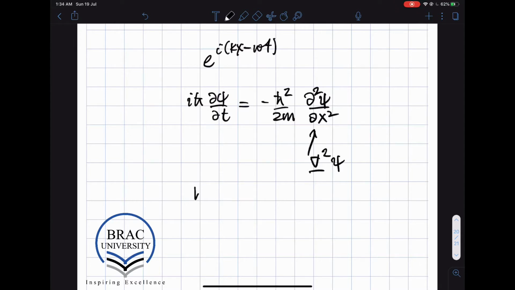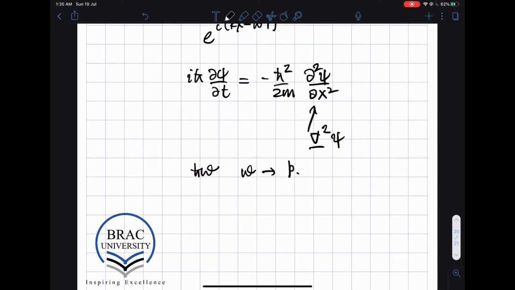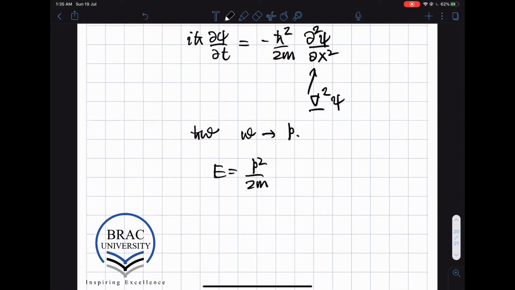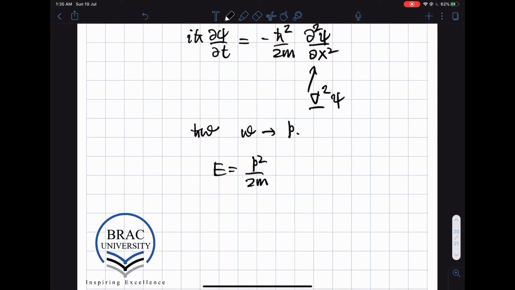Okay, so for the free Schrodinger equation, the particle energy is h bar omega, and it was related to the momentum. So omega is related to the momentum p through the relation E is p squared by 2m, and when you plug in the Einstein relation and the de Broglie relationships, it gives you a relationship between omega and p.